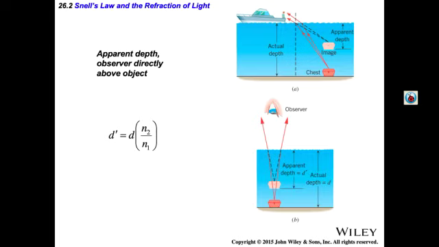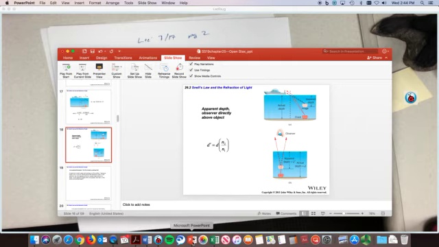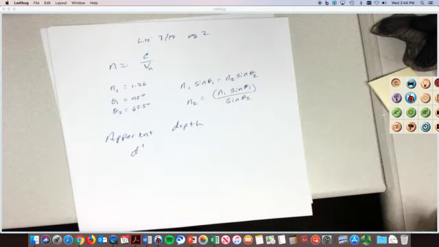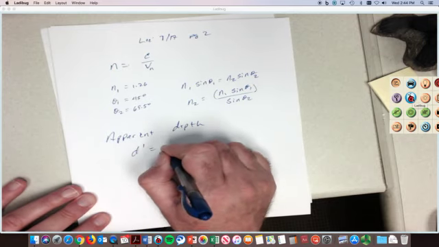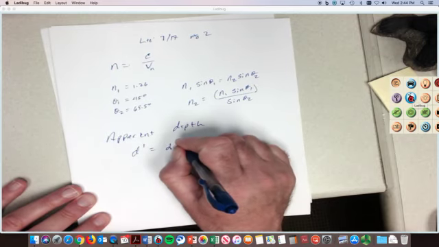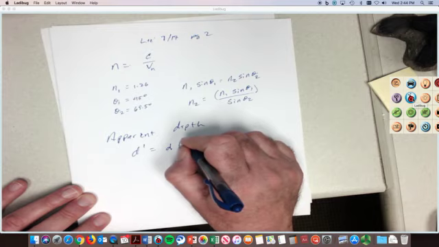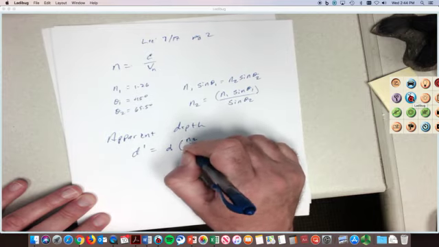Watch me do this. So we've got D prime is equal to D times N2 divided by N1.